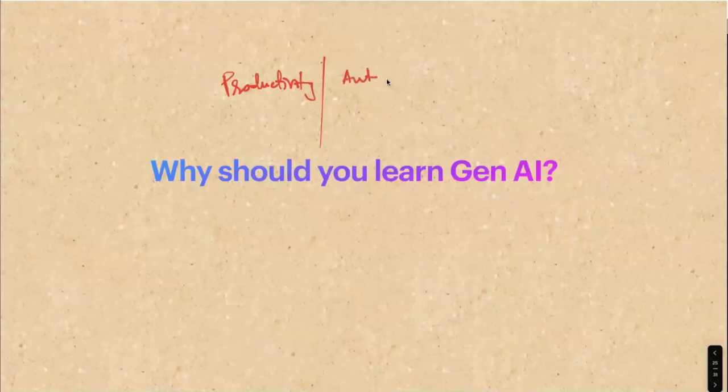The second reason why you have to learn AI is automation, right? AI will actually eat away your jobs. I have done a few jobs before starting Build Fast with AI. All the jobs that I have done, I could see AI automating very easily as of today. I don't even have to wait for 2, 3 years. It's just a matter of time before companies realize how to build AI and deploy it. So if you want to protect yourself from automation or save your job, it's a good thing to learn about generative AI.